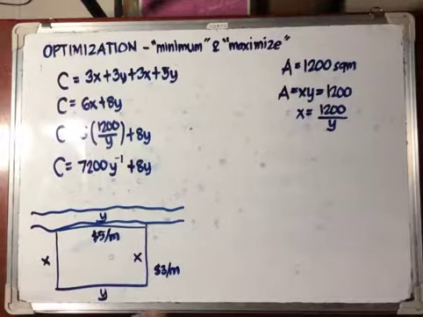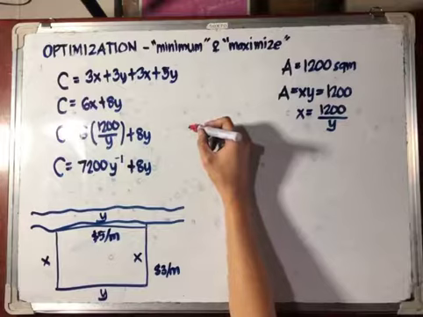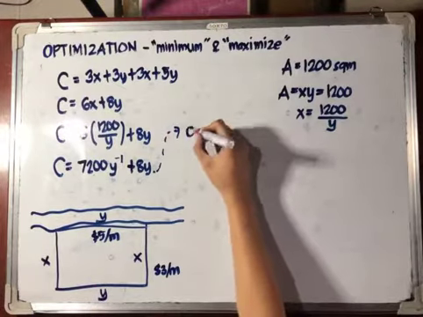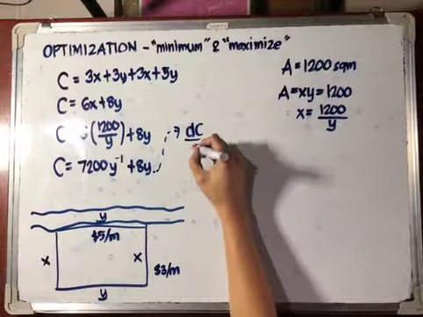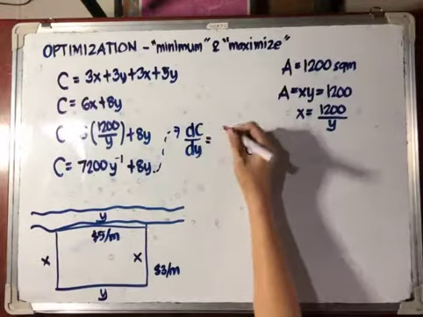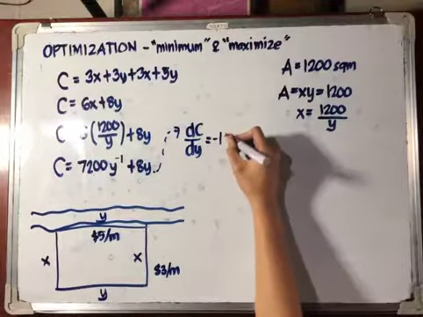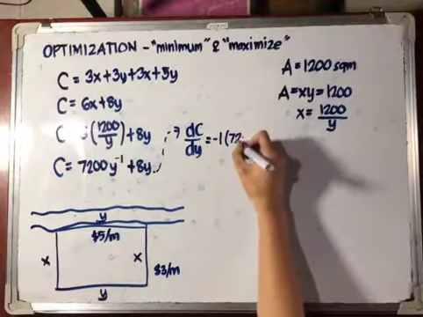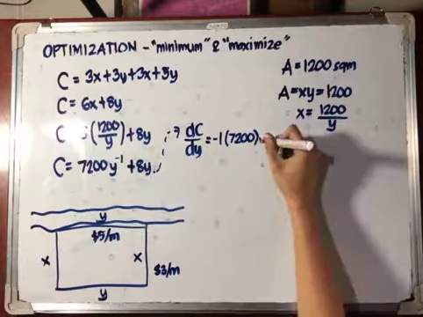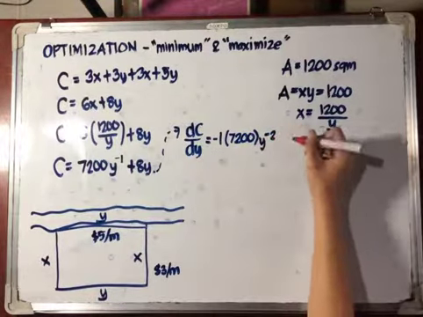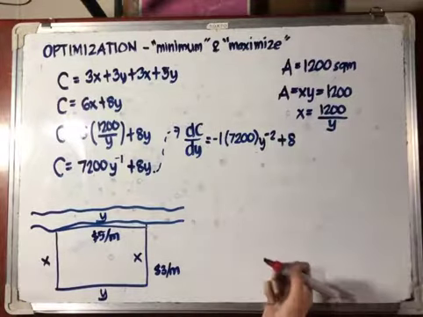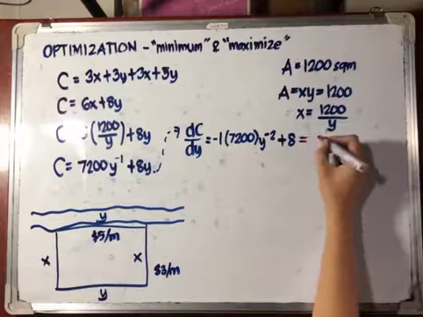Differentiating this will give us dC over dy, since we are differentiating against y, equal to negative 1 times 7,200 y raised to negative 2, plus 8, and that should be equal to 0.